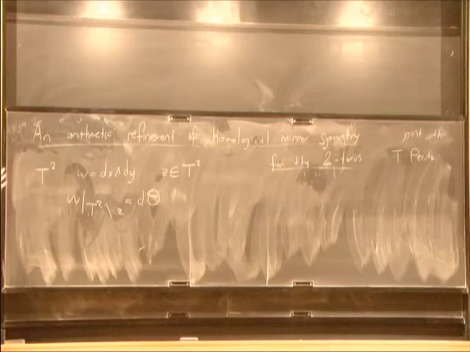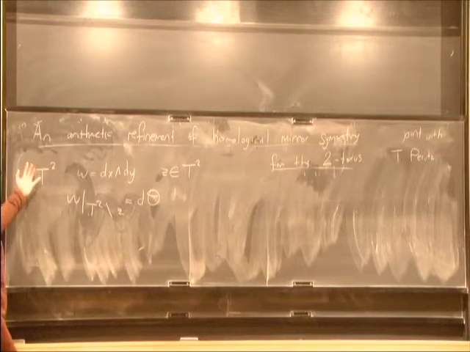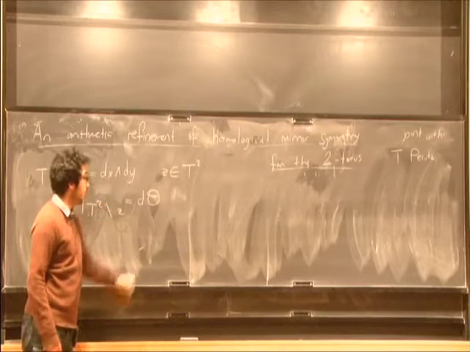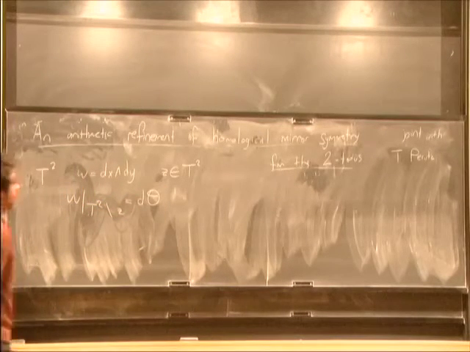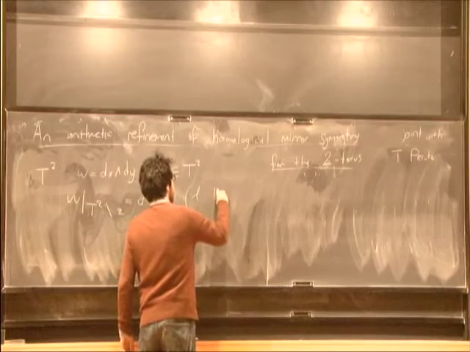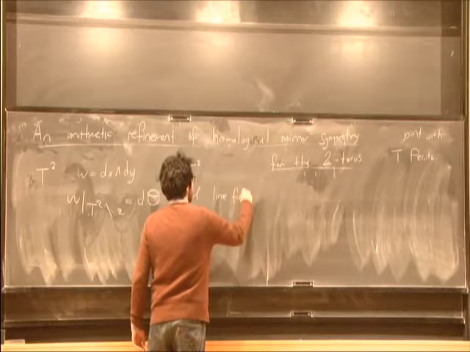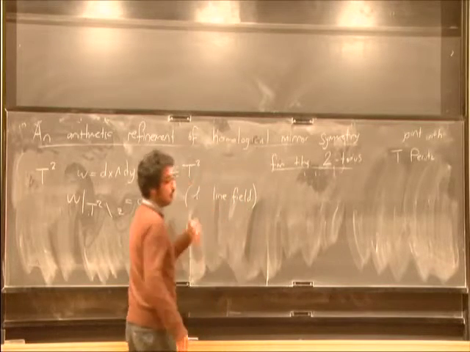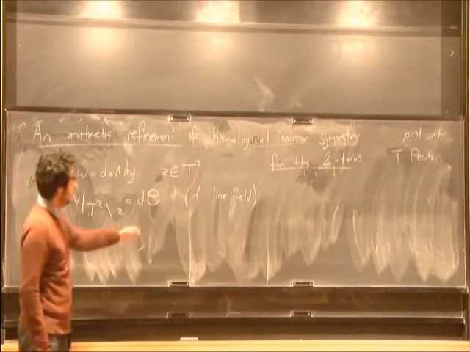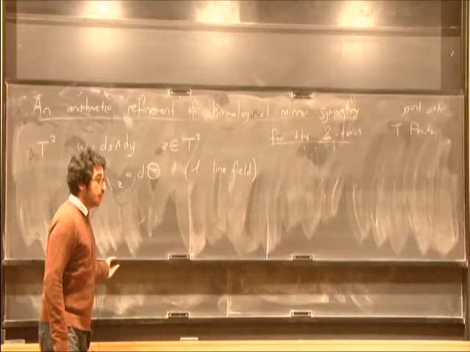So the data consists of the torus itself, the symplectic form, the theta, and the base point. And finally, there is a line field that I'll suppress. This is an important part of the data, which is important for the grading, but I'll suppress it in this talk.